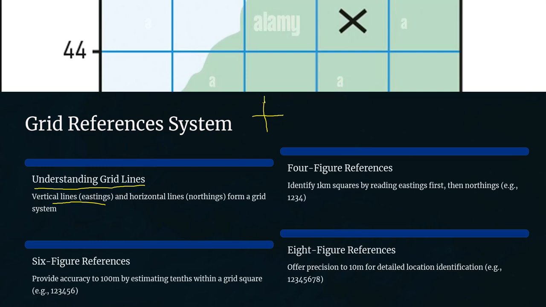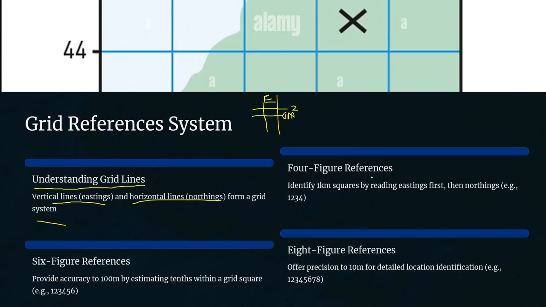Suppose this is showing the east line, and this is showing the north line, right? Suppose it is 0 degree north. So this may be 23 degree 30 minutes north. This is showing the north line, and this is called the easting. Horizontal is northing for the gridded case.